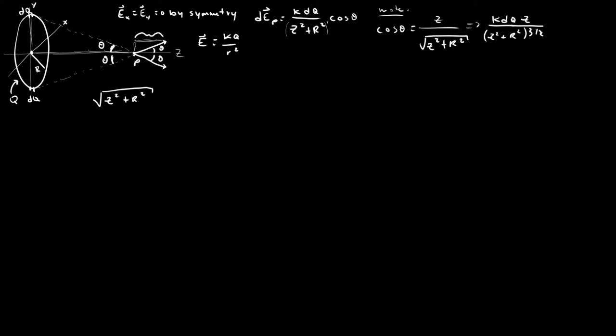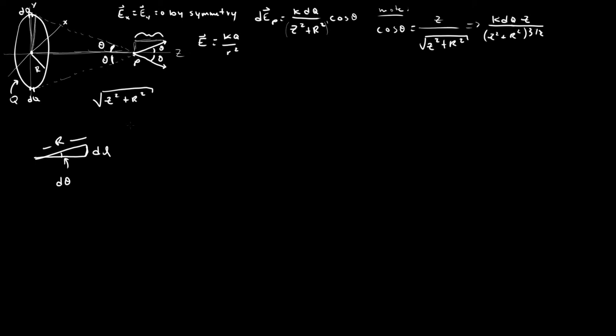So the way you do that is you envision a tiny arc of this ring right here, a tiny slice of it. Now I'm going to take that and draw it bigger so that you can see it better. Here it is. That's going to be the tiny arc dl, this length is going to be r, and the angle of this arc is going to be a tiny angle d theta.